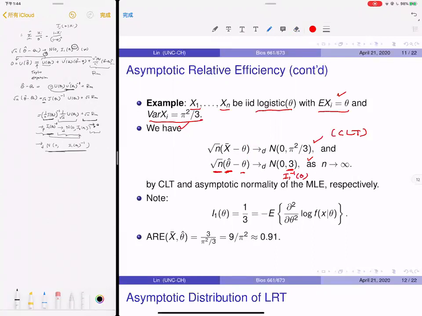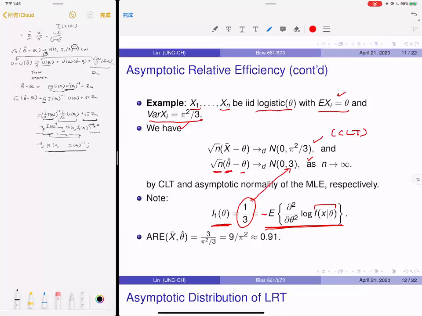Remember that? So although I don't know what theta hat actually looks like, I can still write down the variance. The best I can do is derive I1 of theta by definition right here. That means you find out what the PDF of the logistic distribution is, then take the log, take the second derivative, take the expectation, then take the minus. You will find eventually, amazingly, it is 1/3. Okay, then you do your inverse. Then right here becomes 3.